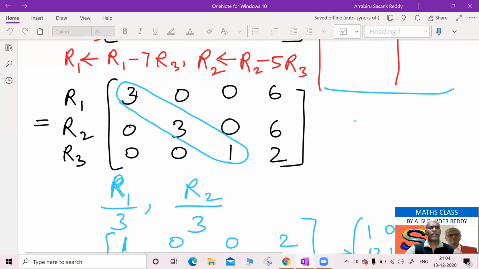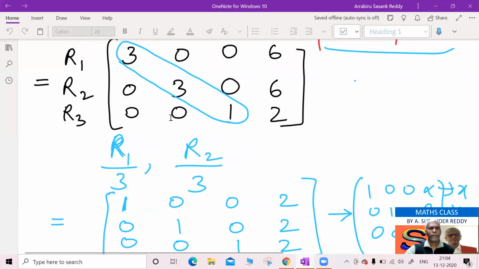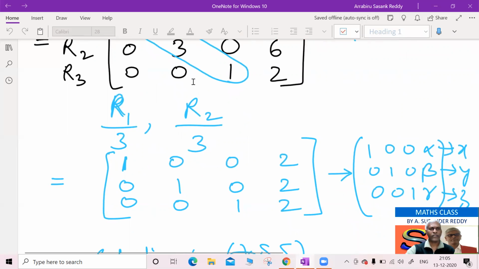So you divide the R1 elements by 3: 3 by 3, 0 by 3, 0 by 3, 6 by 3. You get 1, 0, 0, 2. In R2, elements also divide by 3: 0 by 3, 3 by 3, 0 by 3, 6 by 3. You get 0, 1, 0, 2. And in the third row, 1 is already there: 0, 0, 1, 2, right as it is.